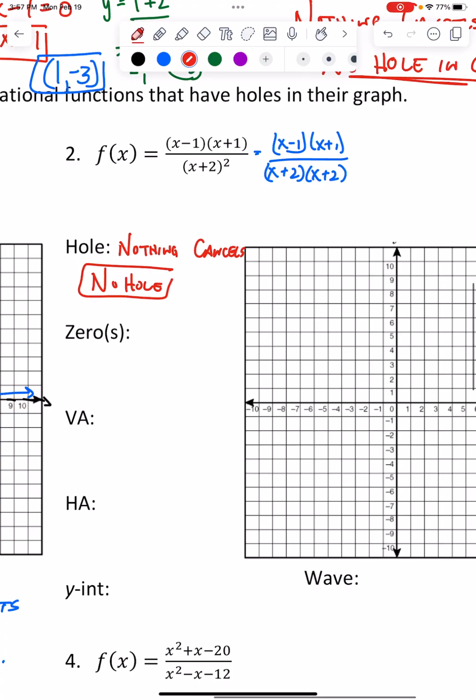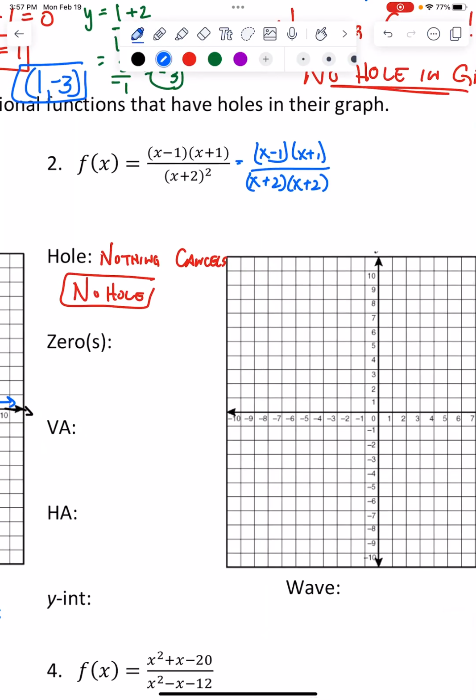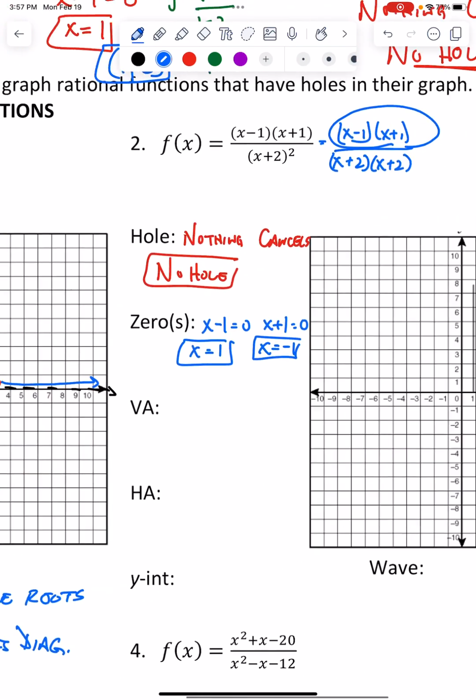Zeros, what color did I use over here for zeros? I used blue. So zeros, again, come from the top. So we've got x minus 1 equals 0, x plus 1 equals 0, so we get 1 and negative 1. Vertical asymptotes, I used green, I think.